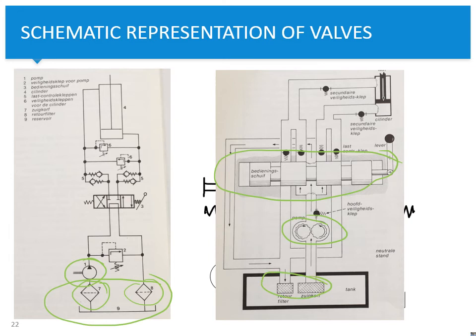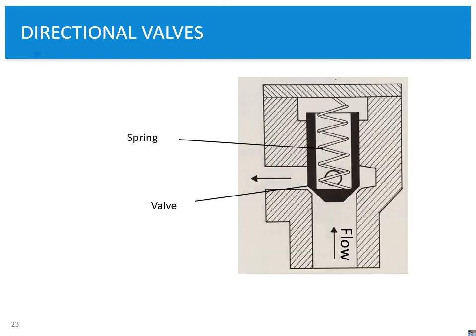And there's one thing that we haven't discussed yet, and we're going to discuss it now, that are these. I think they look like balls over here, and schematically they're valves as well, and we need to discuss them because they're fairly important. So let's discuss.